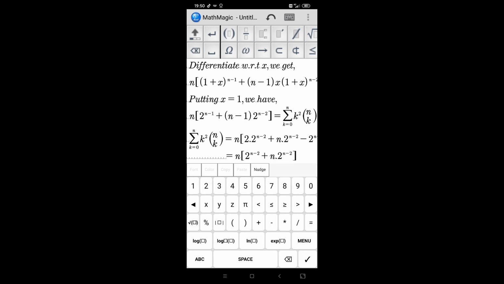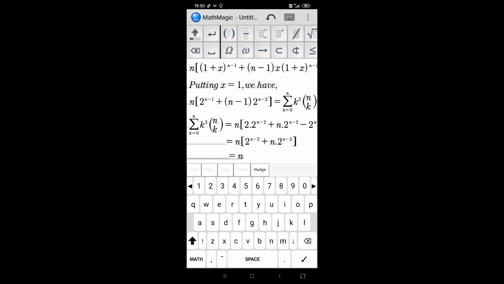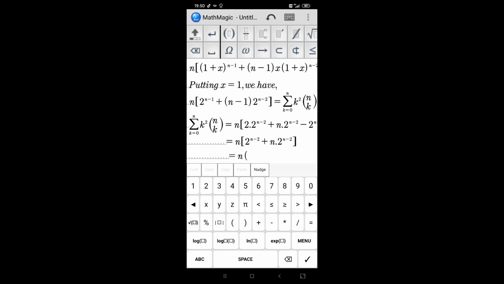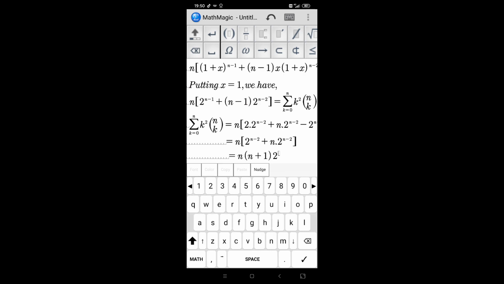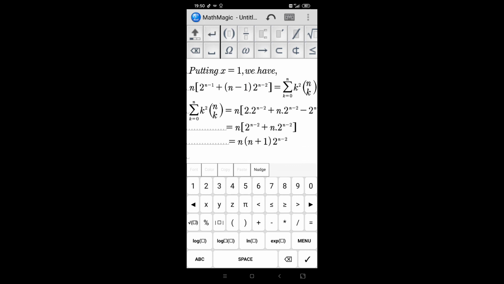So here we have 2 to the power of n minus 2 common to both terms, so we take it out as common, and we get n times n plus 1 times 2 to the power of n minus 2. So this is our proof.